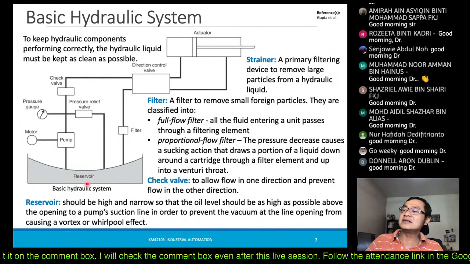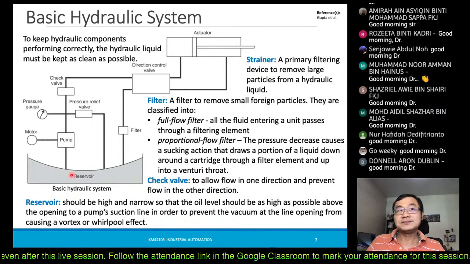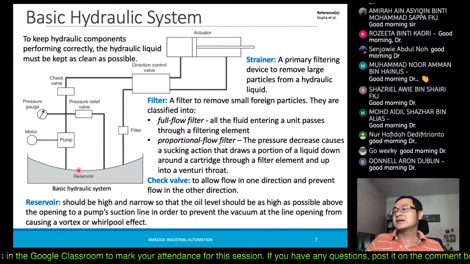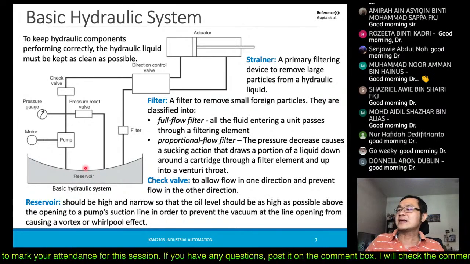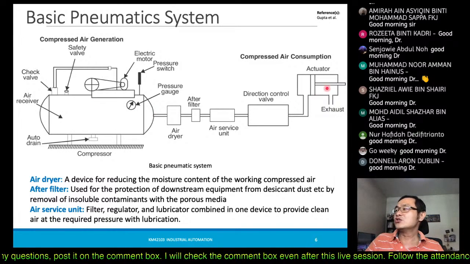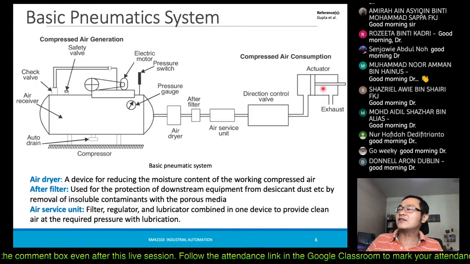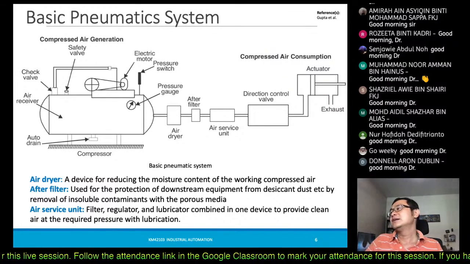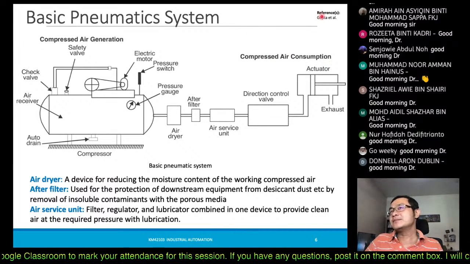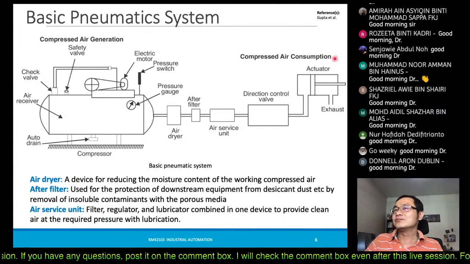So in a sense it is less waste, whereas in pneumatic we usually just exhaust it to the atmosphere, unless we have a series of so-called systems where they would release a lot of air.